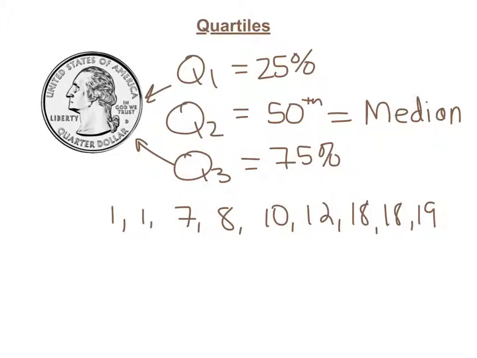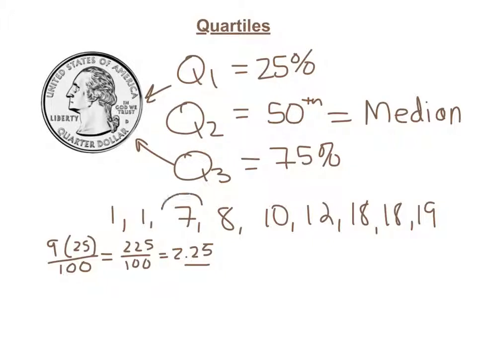I have 9 items in my set. So I would take 9 times 25 divided by 100. That's 2.25. That is not a whole number, that is a partial number. So I am going to round up to my next whole number, which is 3. So Q1 is equal to 7.